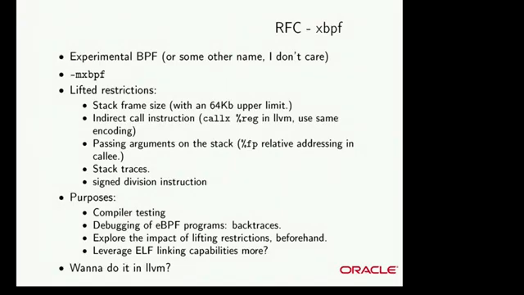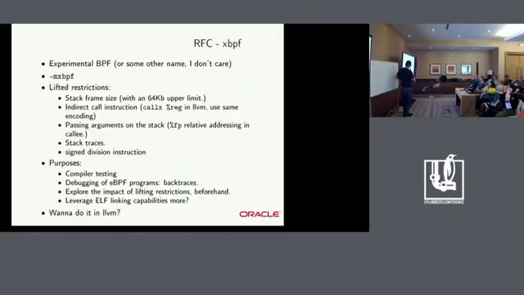Also, in a BPF program, when a function calls another, it is possible for the callee to access the stack frame of the caller, but only using absolute addressing. You cannot use the frame pointer of the callee to access the stack frame of the caller. In this XBPF, I plan to allow accessing the caller stack frame using the frame pointer in the callee.